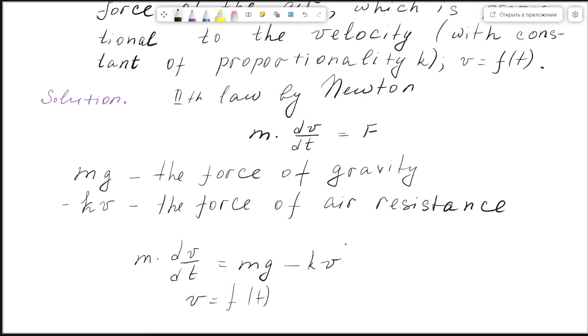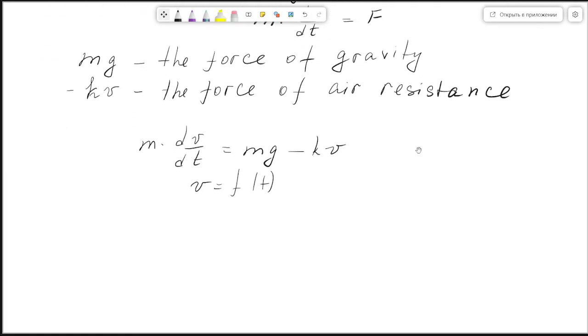The student can easily verify that any function of the form, now I write it down, v is c times e to the power of minus k over m times t plus mg over k.